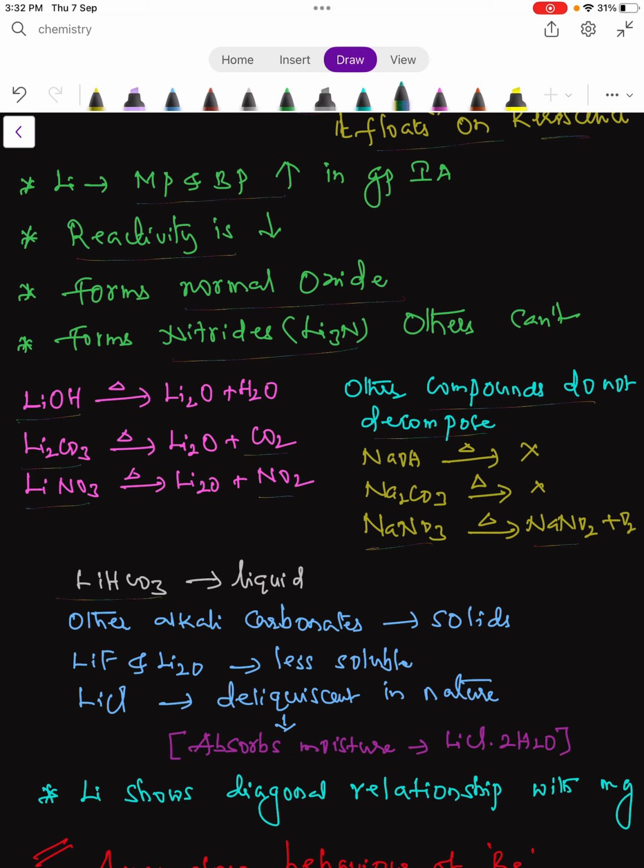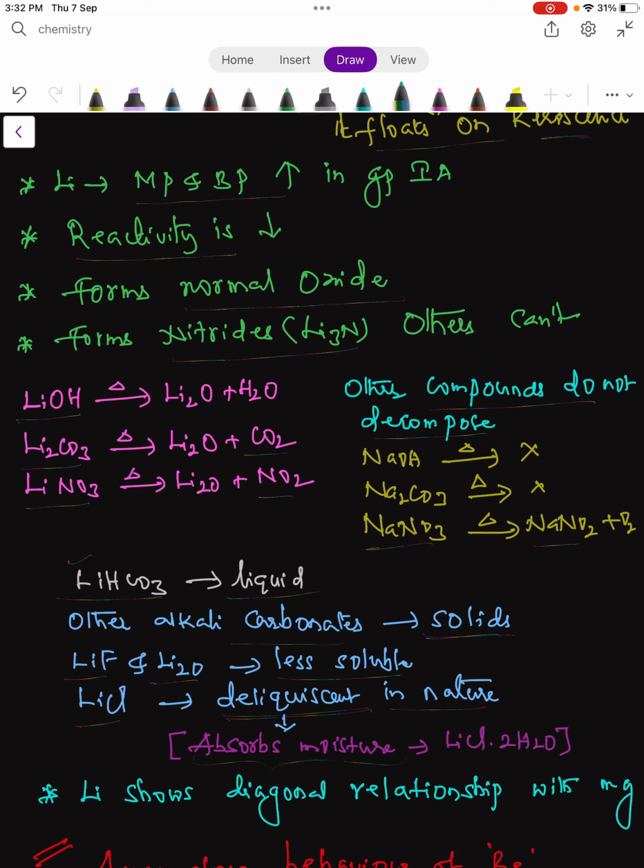Lithium hydrogen carbonate is liquid in state, whereas other alkali carbonates, if we consider, are solids. So lithium's properties are different from the remaining elements in that same group. Lithium fluoride and lithium oxide are less soluble in water. Lithium chloride is deliquescent in nature. Deliquescent means it absorbs moisture from the atmosphere.